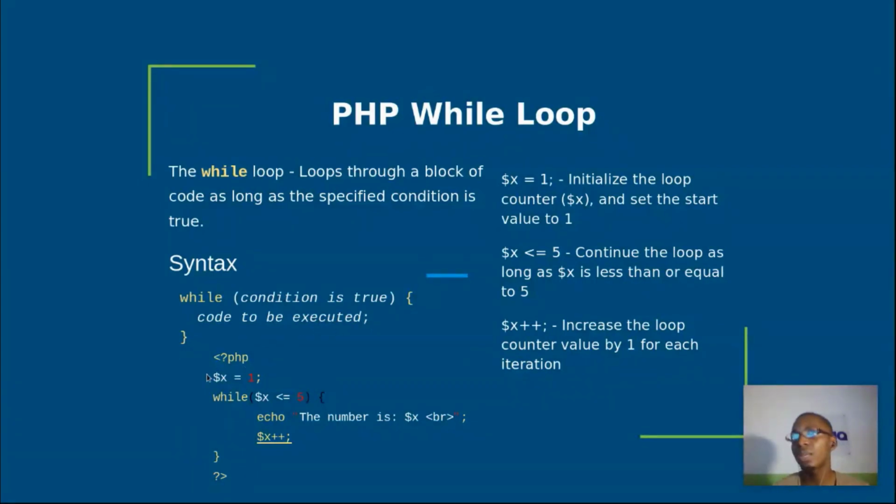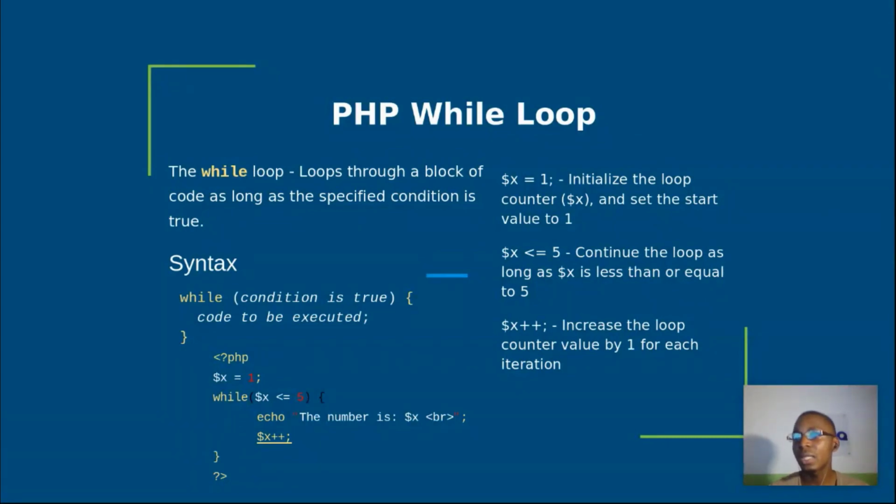So you have an example here. You have x equal to 1, and you say while x is less than or equal to 5, then we should print out the number as x, right? So you are going to have an output like 1, 2, 3, 4, and 5, right?